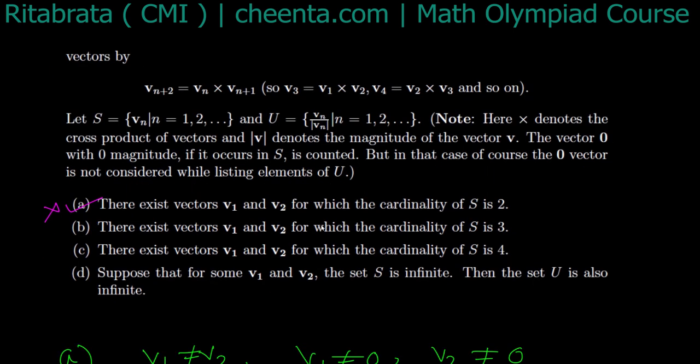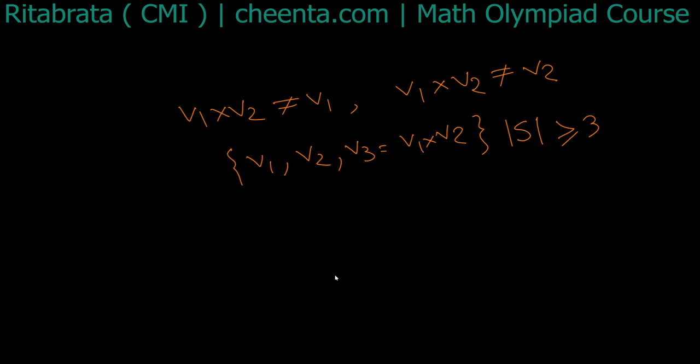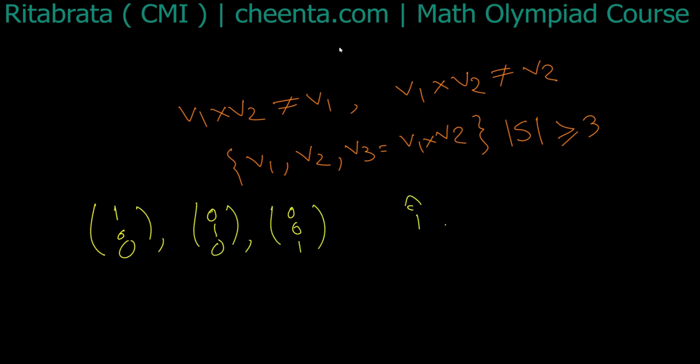Now we have to determine v1 and v2 such that there are exactly three distinct terms. An easy example: take the usual vectors 1 0 0, 0 1 0 and 0 0 1, which we denote by i, j and k.